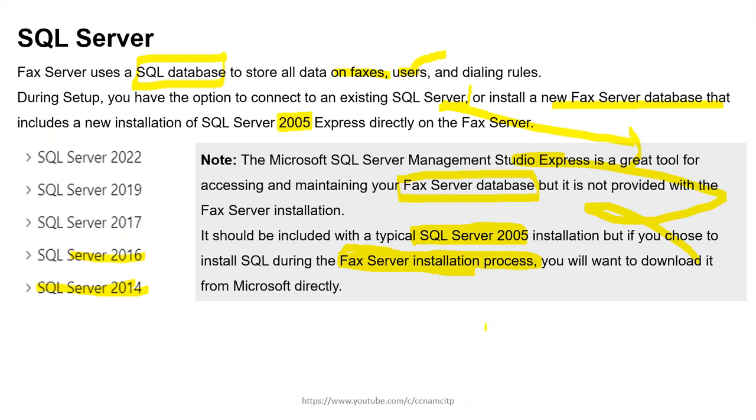I mean to say, you should learn something and catch some interest. So this is all about SQL Server. It is for database storage, basically for all the faxes, users and dialing rules. Whatever we are doing, it is recording on a database, it is storing on a database, and that is all about the SQL database.